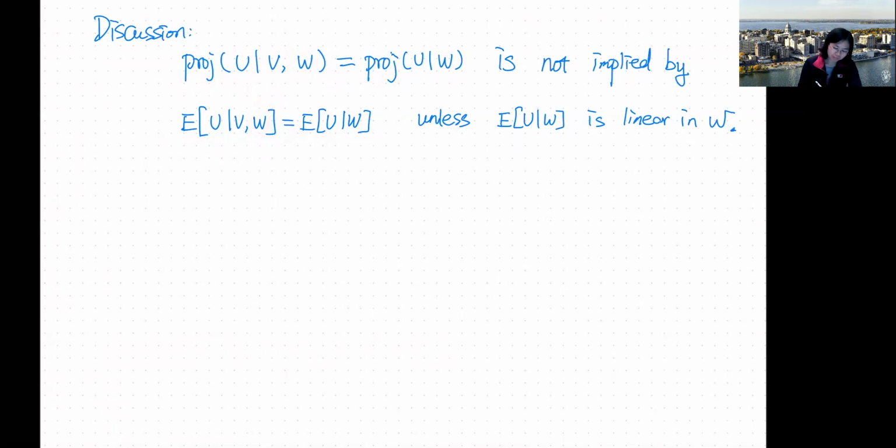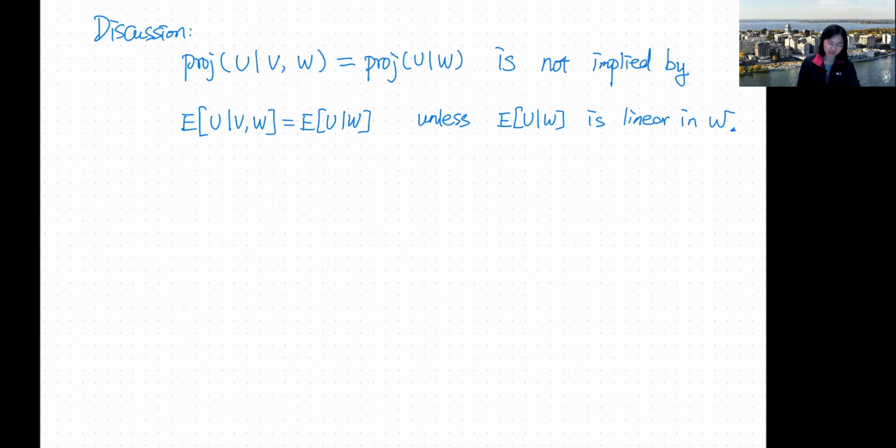So this conditioning on W in the projection is of a limited capacity. We're not taking out the whole effect of W, only taking out W linearly.